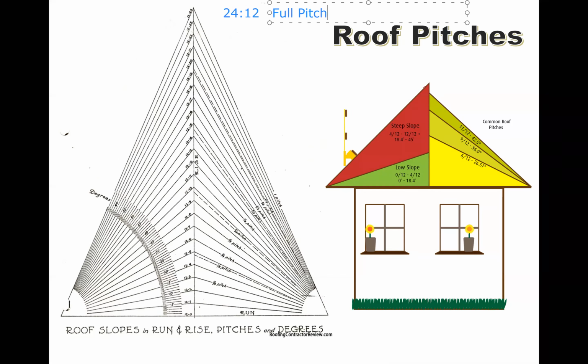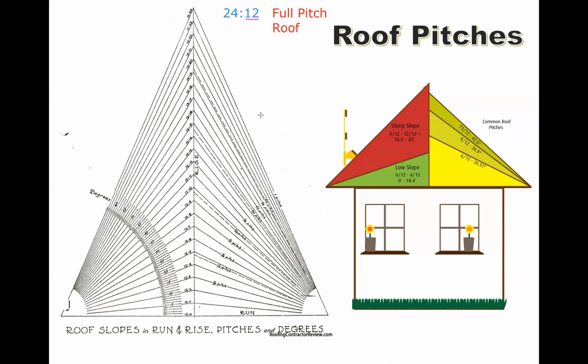So the whole is 24. Now the 12 remains constant. So this distance, which is the 12, would not change. It's the rise that would change, but not the run. The run remains constant. So rise over run.